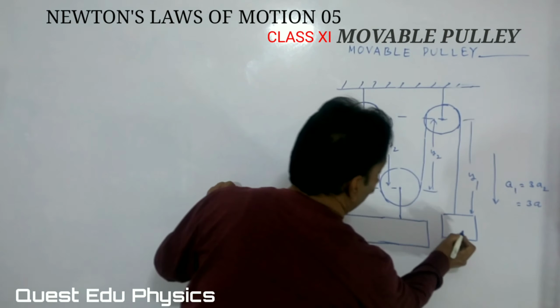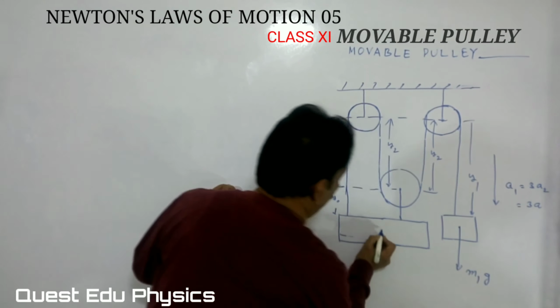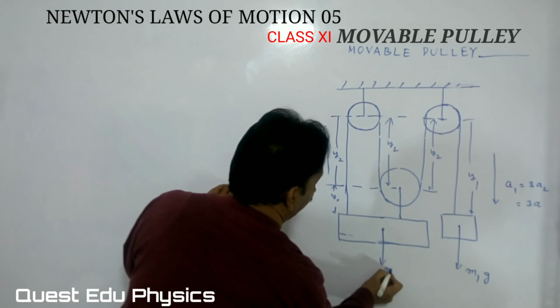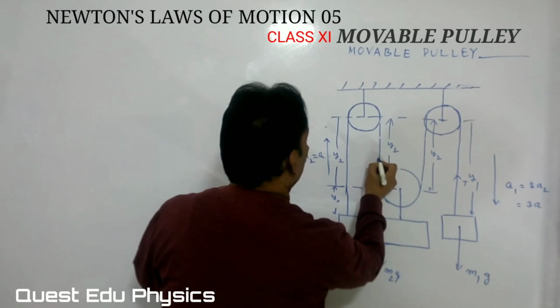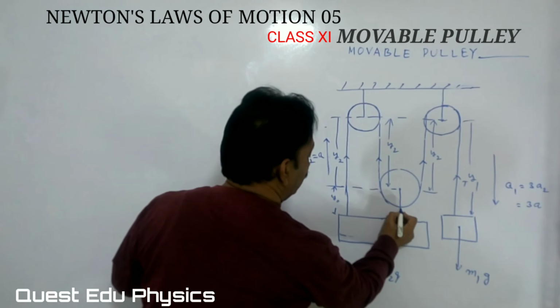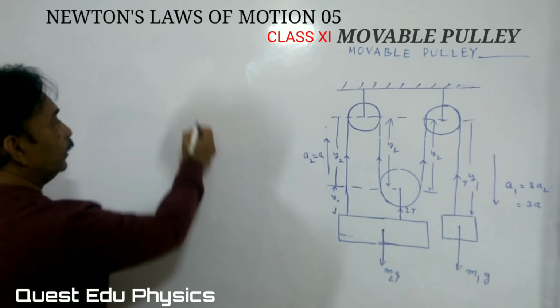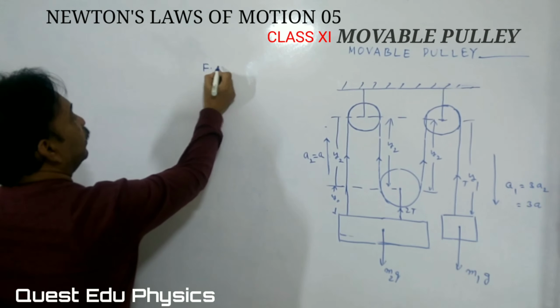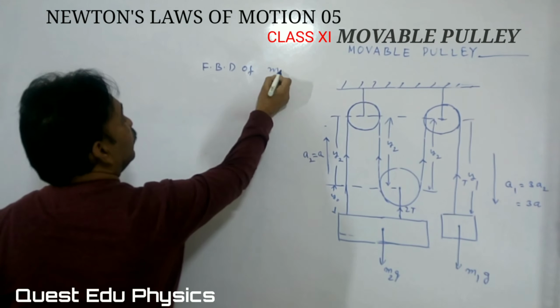Let's see. For this, say it is m1 and it is m2 g, tension, tension, tension and tension. Obviously it is equal to 2t. Let's take the FBD of m1.